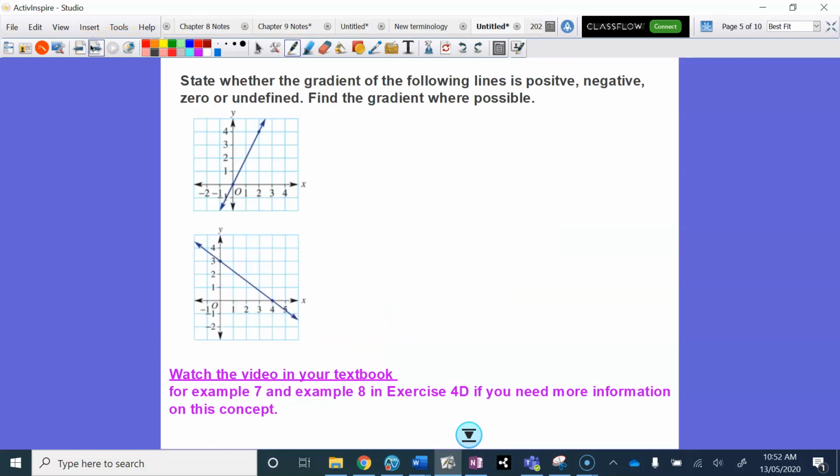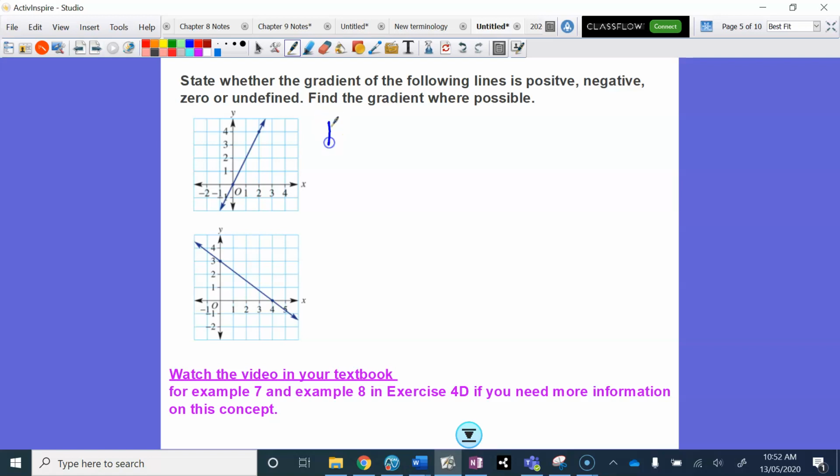The sort of questions you're going to be asked are things like these ones. So state whether the gradient is positive or negative or zero or undefined. And then if you can find the gradient, what is it? So hopefully by looking at the first example, you'd imagine if you were cycling and you hit that hill, you would have to definitely push to get up that hill.